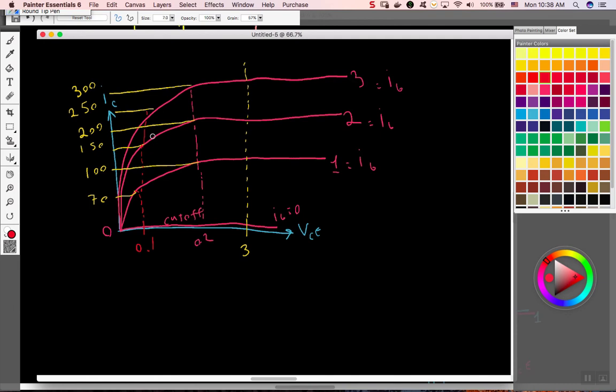It's just a way to see graphically what the relationship between VCE, IC and IB would be if IB were to take this value, another value, a third value, and so on. Alright, so hopefully it made sense.